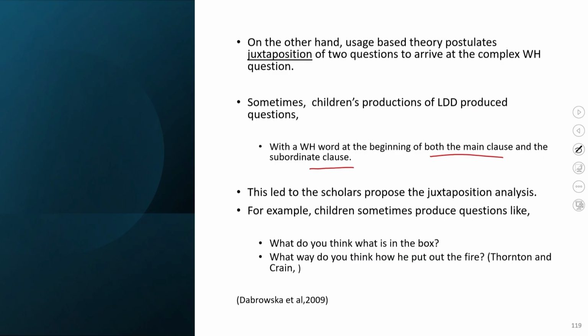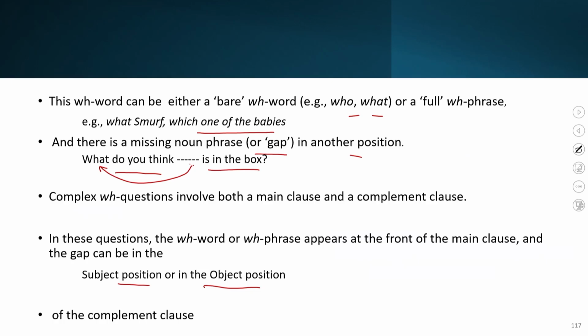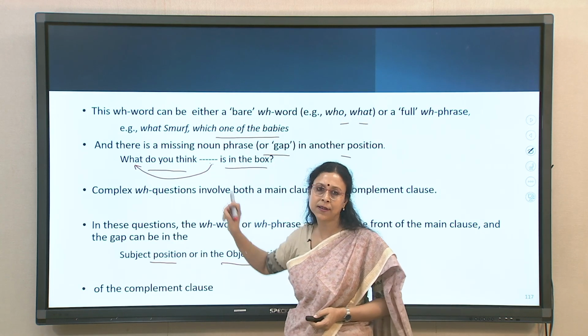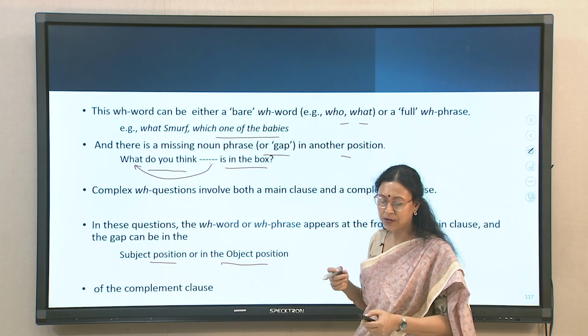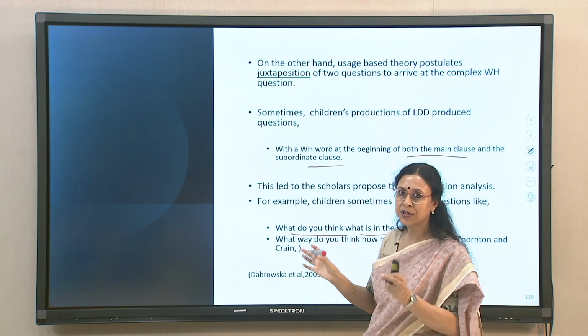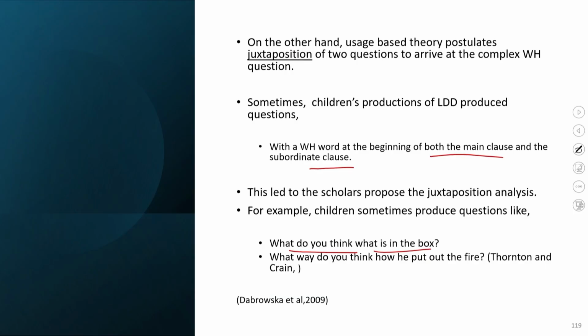So, for example, like this, what do you think what is in the box? So, this gap is often not mentioned, but sometimes children use both of them. So, there are two questions put together and thereby we have this.